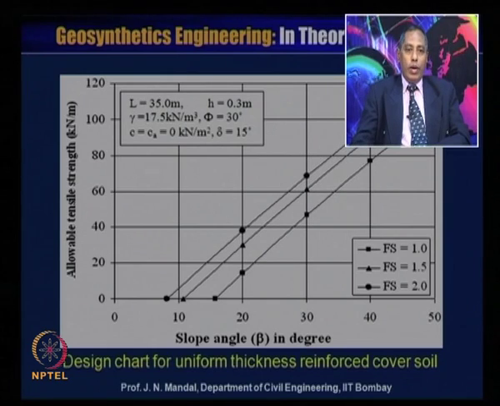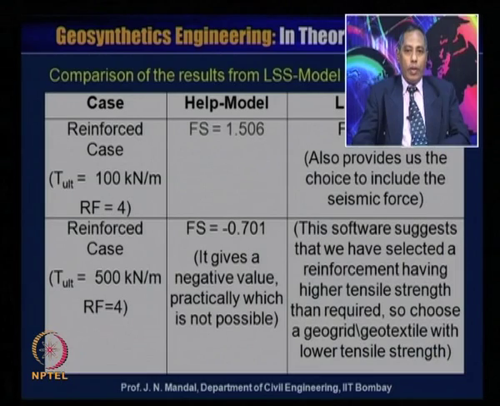Knowing the slope angle and the required factor of safety, you can calculate the allowable tensile strength of the geosynthetic material, or knowing the geosynthetic material and the slope angle, you can also calculate the factor of safety from this design chart. This is the design chart for uniform thickness reinforced covered soil.